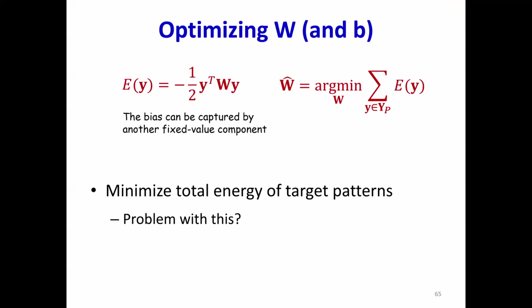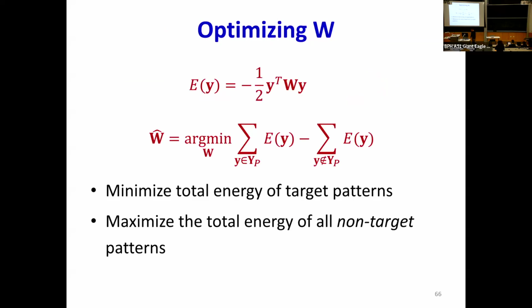But is that sufficient? Minimizing the energy at the target pattern is good, but what else did we want? You want to maximize the energy at the non-target patterns. And this is going to be your objective function. You minimize the energy at the target patterns, you maximize it at non-target patterns. Does that make sense to everybody?